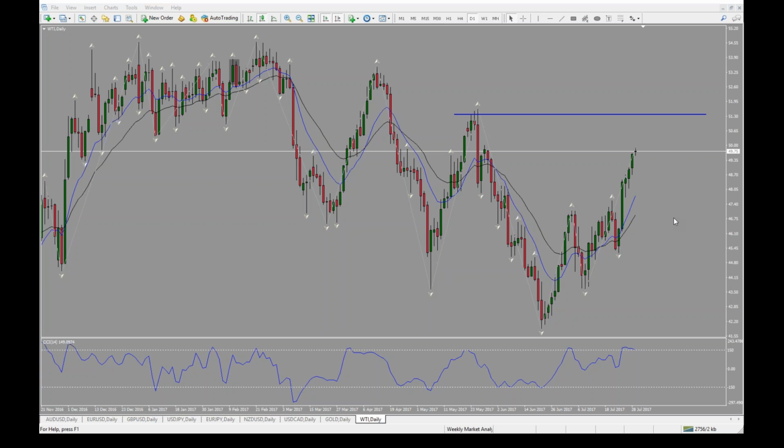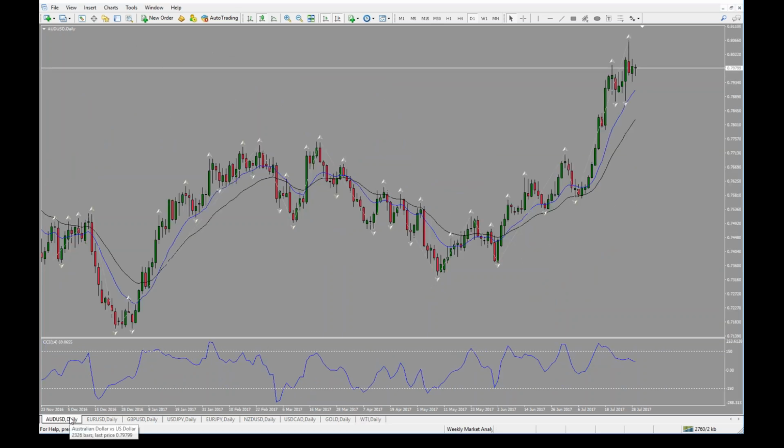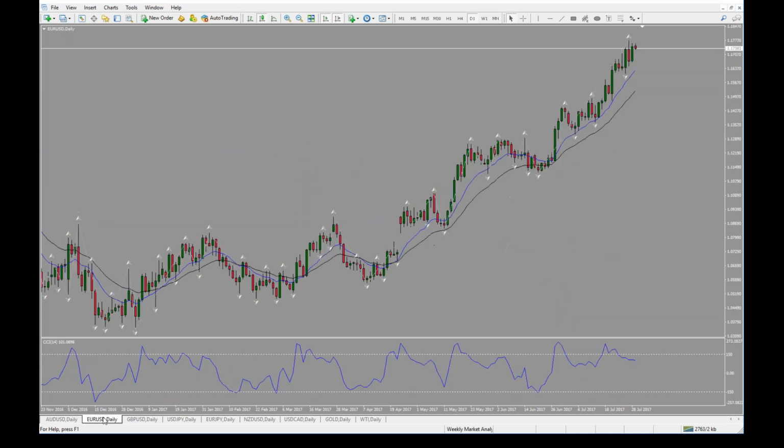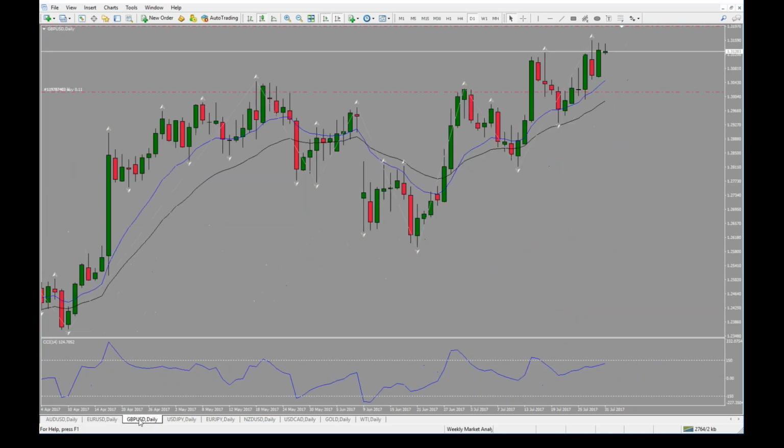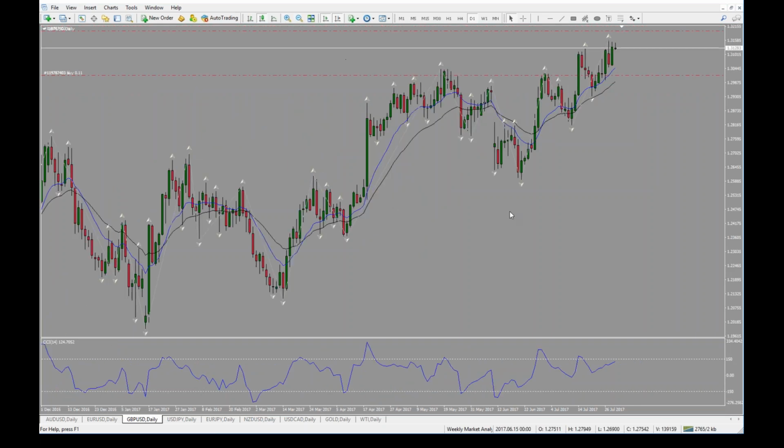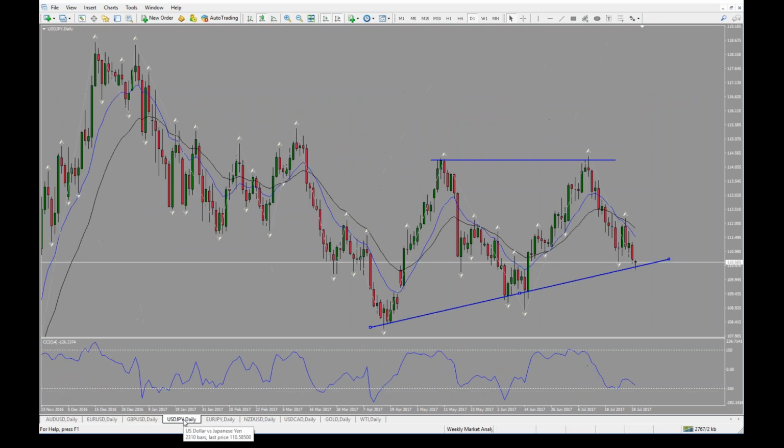Okay guys, any questions, please type them in. Let me go back and summarize what's happened, and I will address those questions that you throw at me. Aussie dollar, we're waiting for a pullback and then possibly continuation. Euro USD, same story. GBP USD, we are currently in a trade. We're hoping it kicks on a little bit more so we hit our second target and we exit.